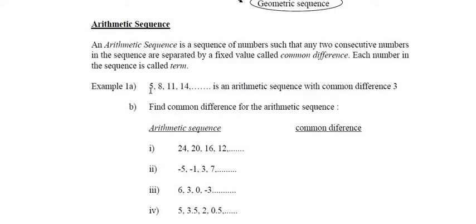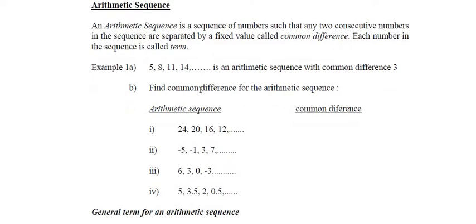Okay, sebutan pertama, sebutan kedua, sebutan ketiga, sebutan keempat. Common difference 3. Okay, 8 minus 5 is 3. 11 minus 8 is 3. 14 minus 11 is 3. So, when this sequence have common difference, we call it as arithmetic sequence.